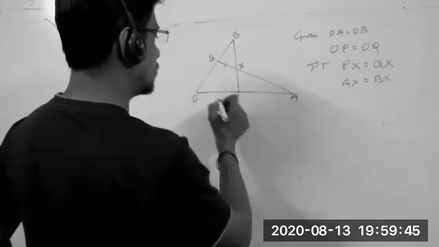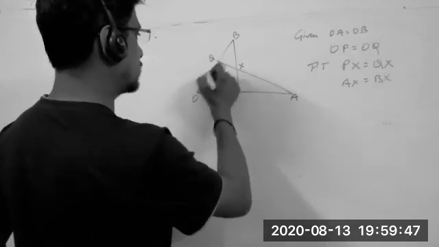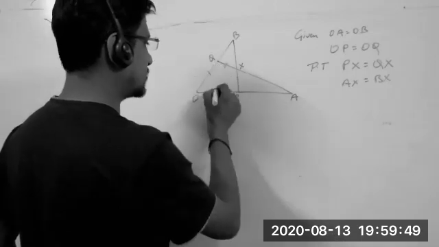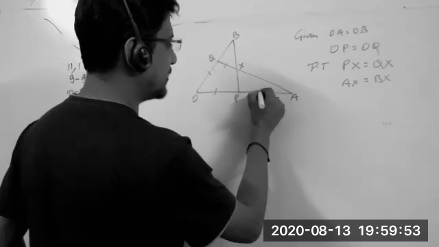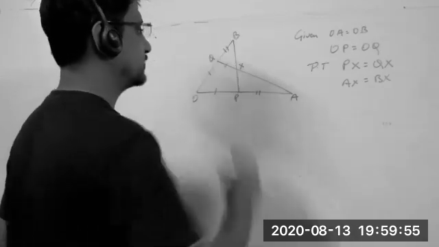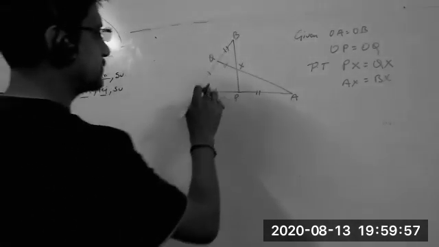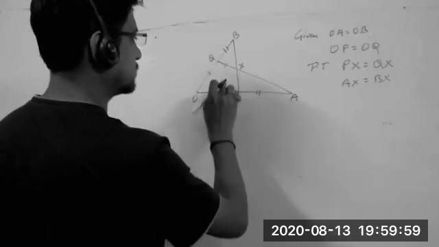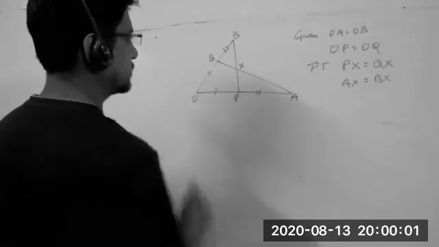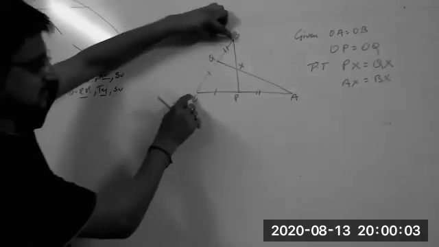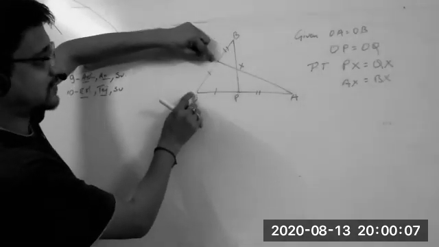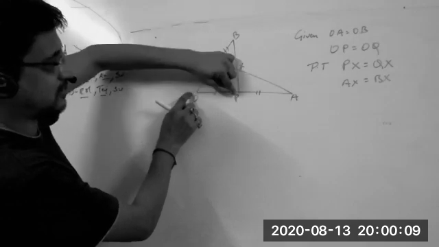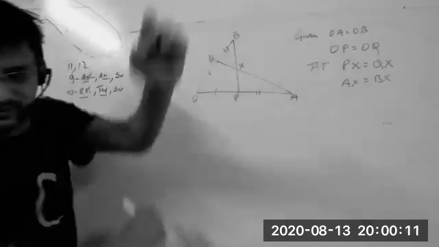OP is equal to OQ, so this is equal to this, and this full is equal to this. Therefore, PA will also be equal to QB. This is equal to this, and this is equal to this. Therefore, this will also be equal to this.